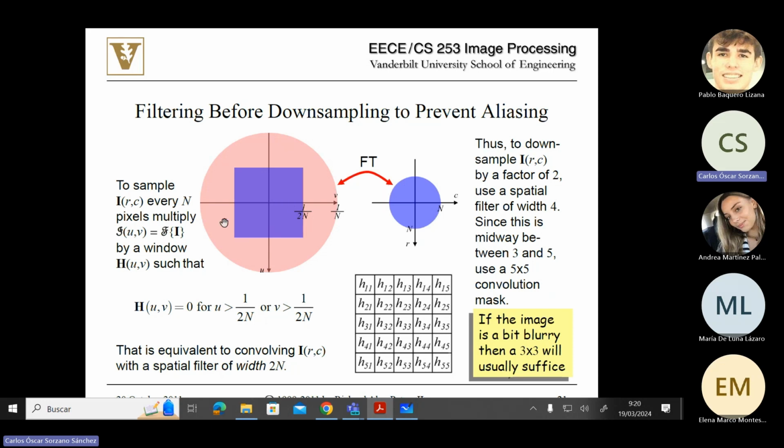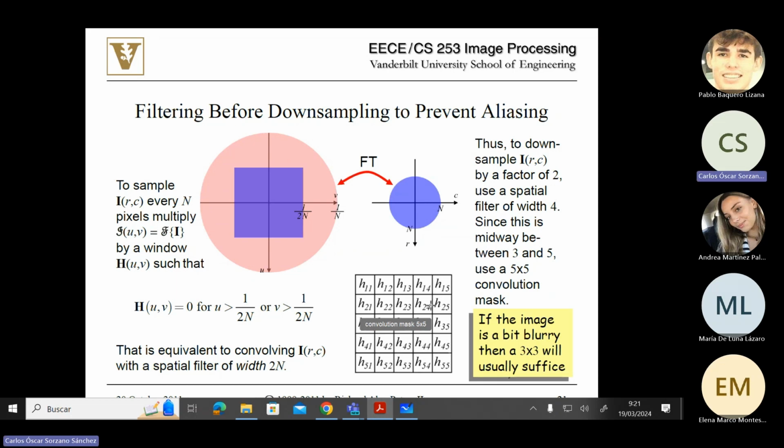This is in Fourier space, a kind of step. So how does it look in real space? If you have a step in Fourier, what do you have in real space? It may look like a sinc, a two-dimensional sinc, so your kernel would look like a two-dimensional sinc.